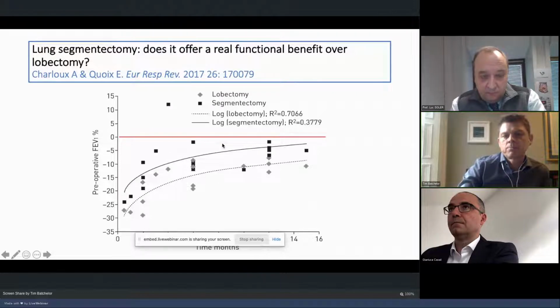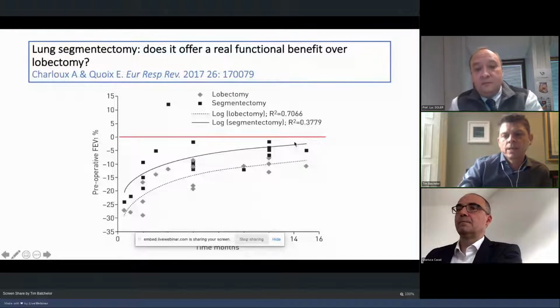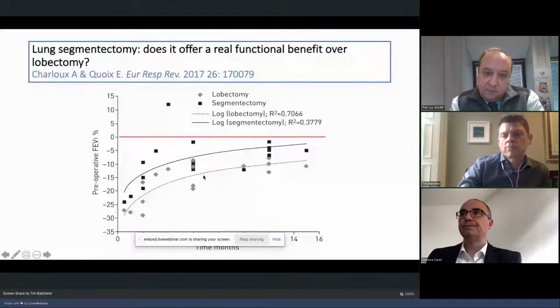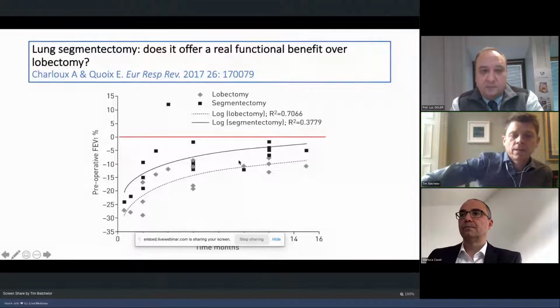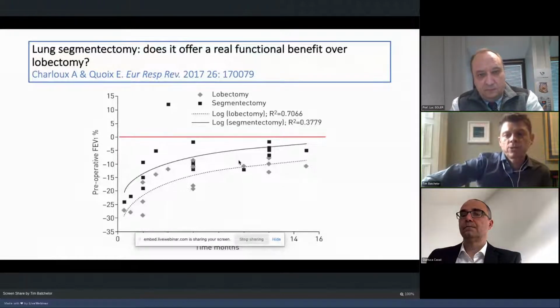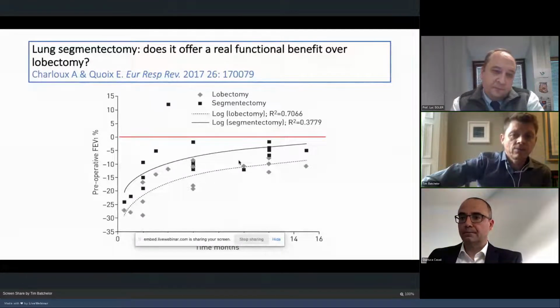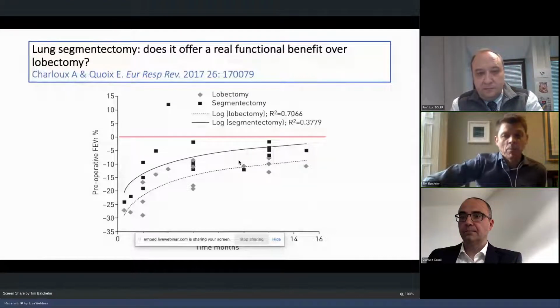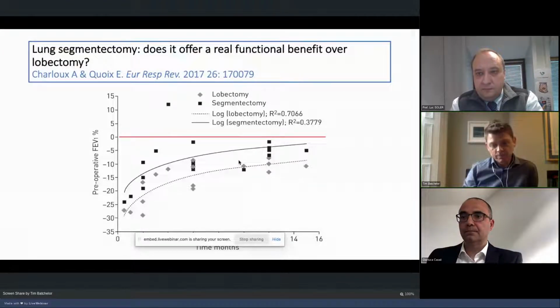The red line is baseline, the solid line is the average for the segmentectomy papers, and the dotted line for the lobectomy papers. There is a significant difference in FEV1 between the two groups, but it's fairly modest. And again, you have to ask whether the difference is of any clinically meaningful benefit.